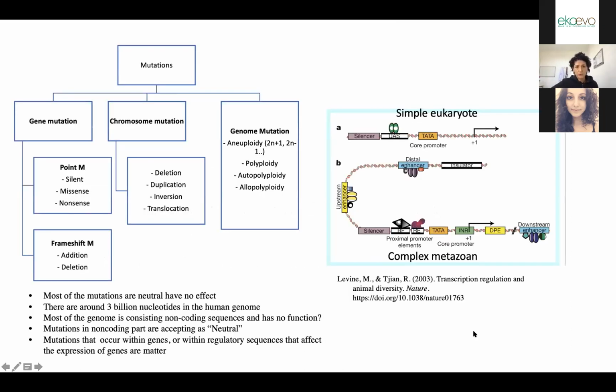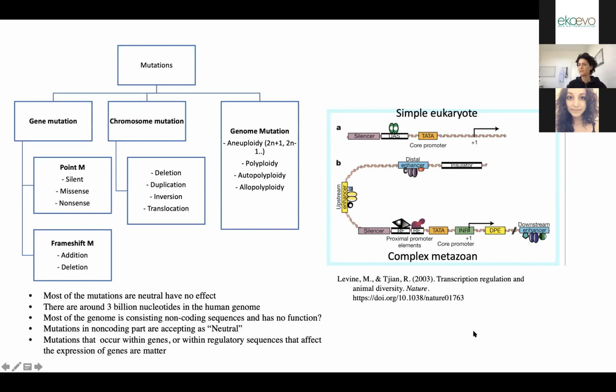Recall mutations. As you know, there are many different types of mutation. I won't give information one by one. I am accepting that you know this information. Mutations can be gene mutation, chromosomal mutation, or genome mutation. Gene mutation can be a point mutation or a frameshift mutation.